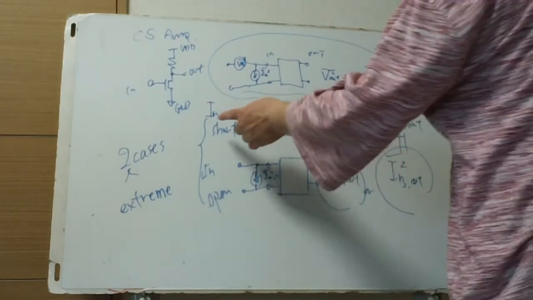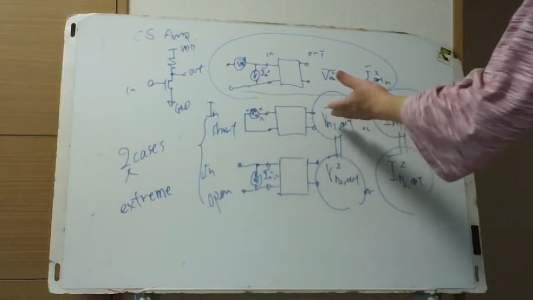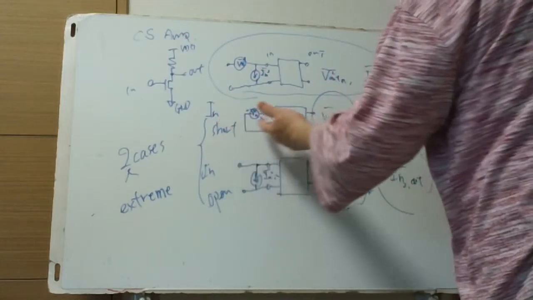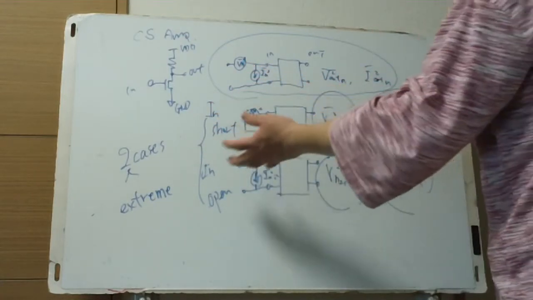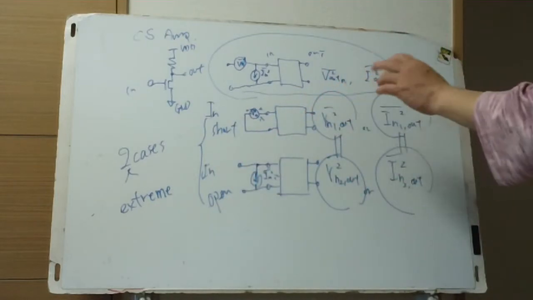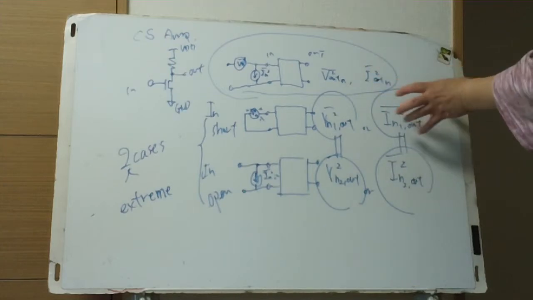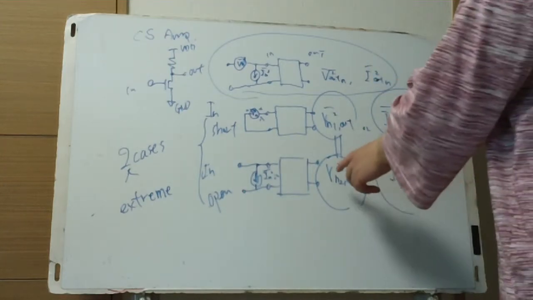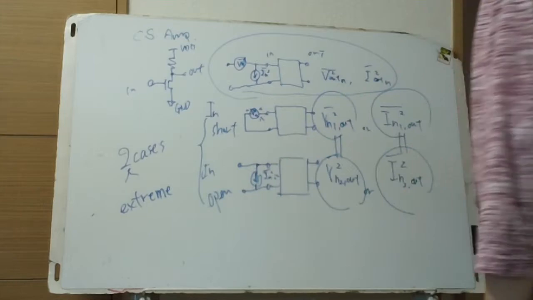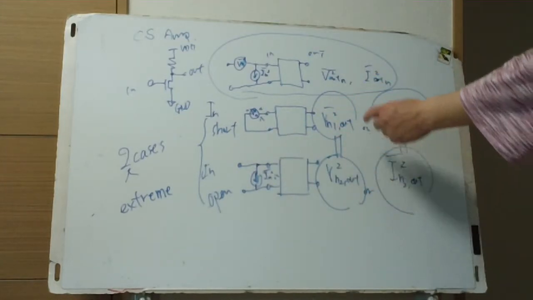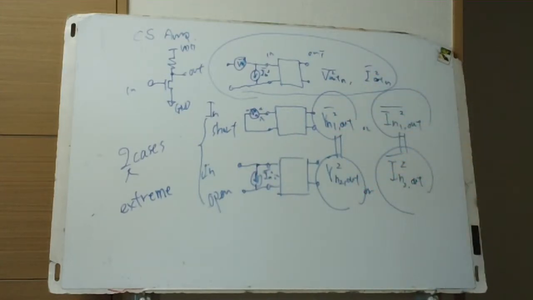Considering two extreme cases is very useful: use the easier extreme case to derive the expression of output noise voltage power or current power, or utilize both of them and equalize these terms. We can get what we want.